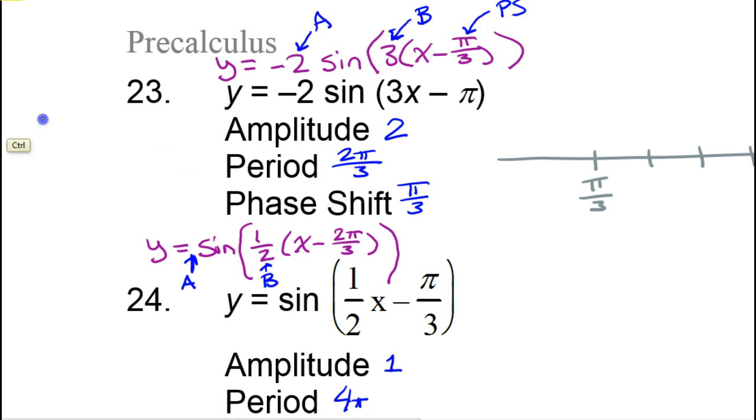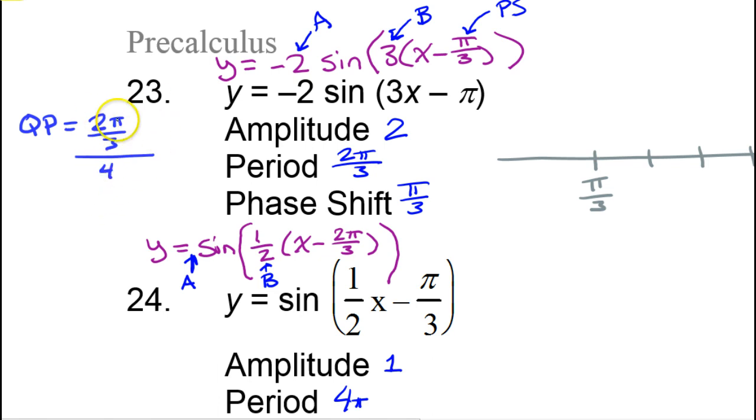Since the period is 2 pi over 3, I'm going to use QP to represent quarter period. The quarter period should be 2 pi over 3 divided by 4, because it's a quarter of this period. So I'm going to take the period and divide by 4.